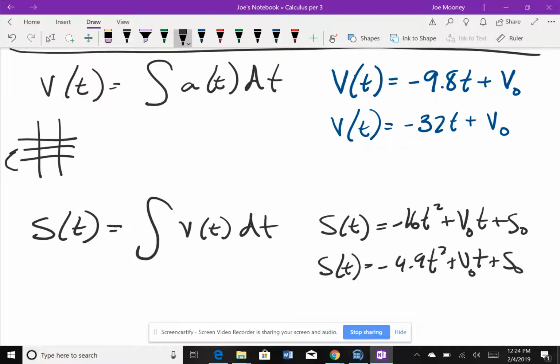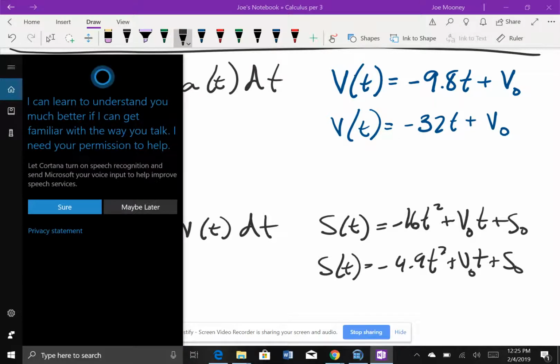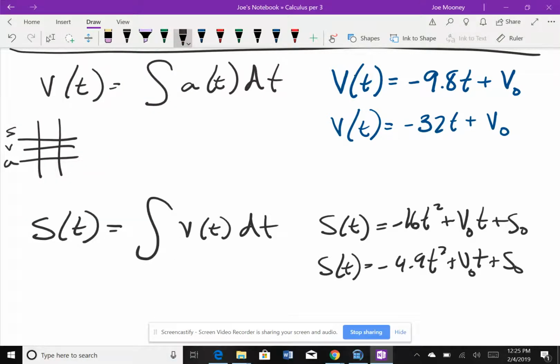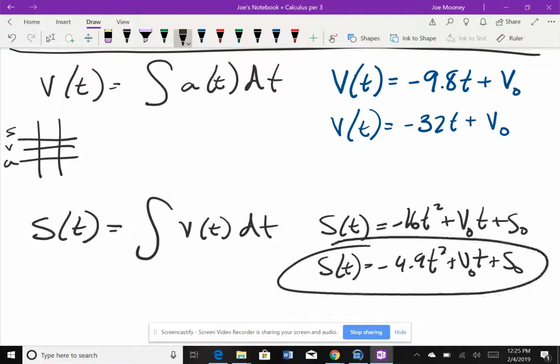Because let's look at it the other way. So now let's pretend we're going down the ladder. Okay, so we're all good with top ladder's position, middle ladder, position, velocity, and acceleration. So here's position. So its derivative, let's just honestly think about it.